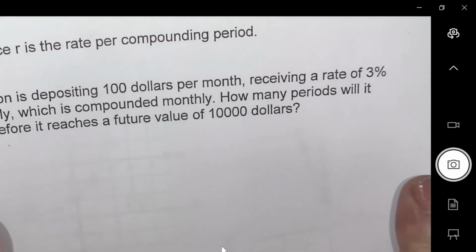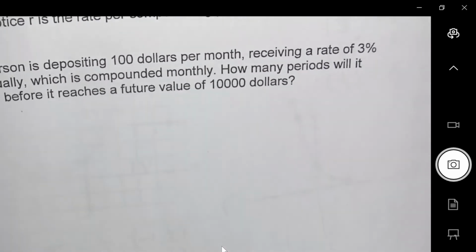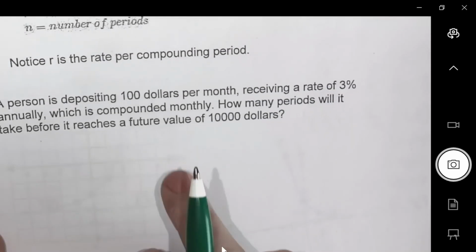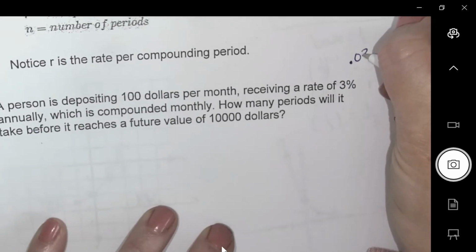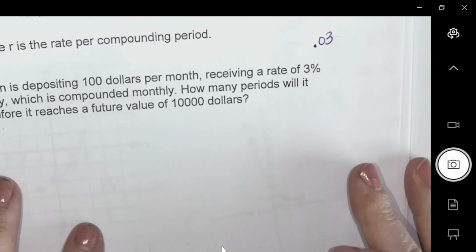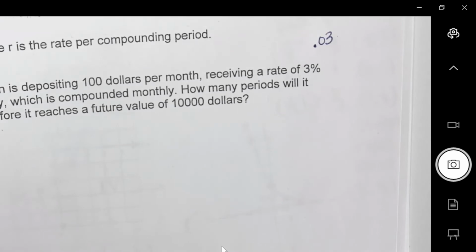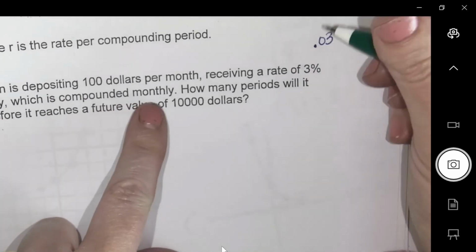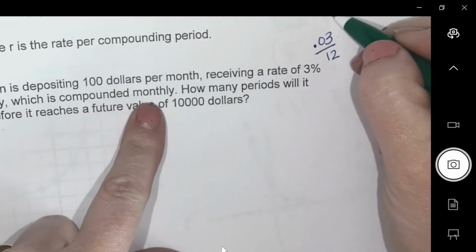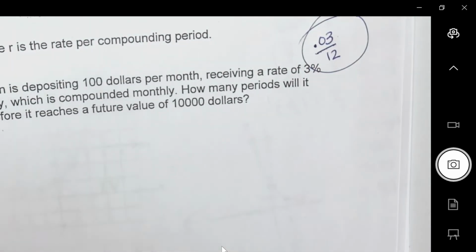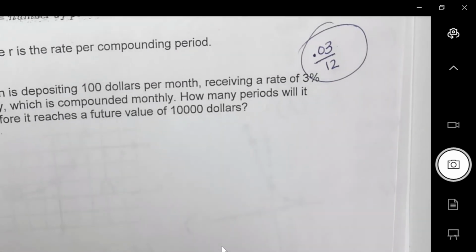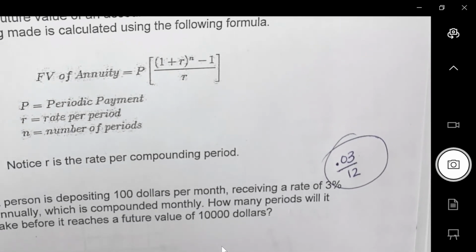Okay, money question. So you're depositing $100 a month. The rate is 3%, so 0.03, compounded monthly. How many pay periods till we get to 10,000? Okay, so here's our formula.